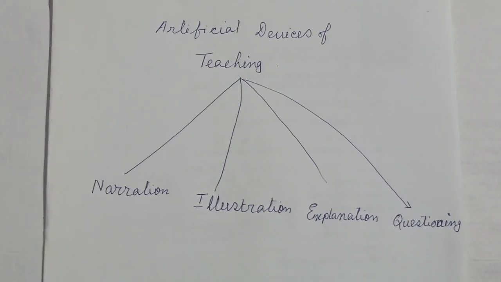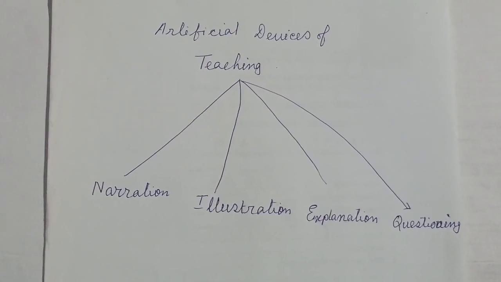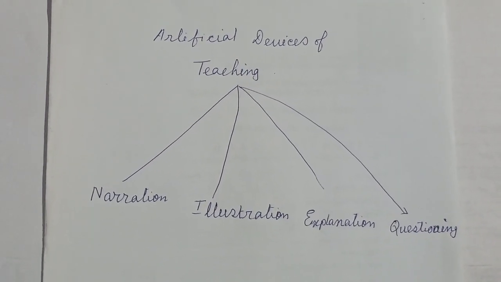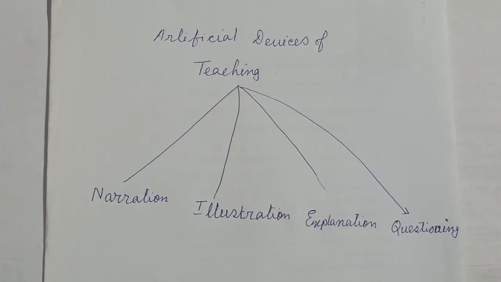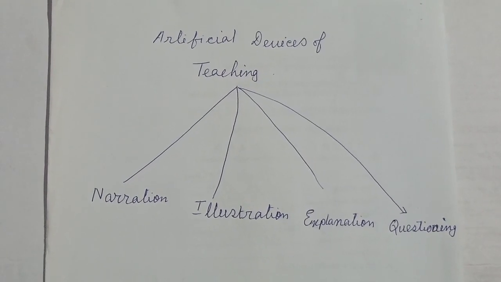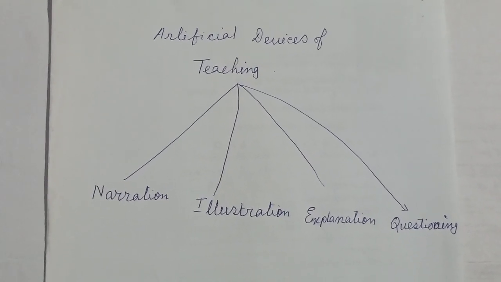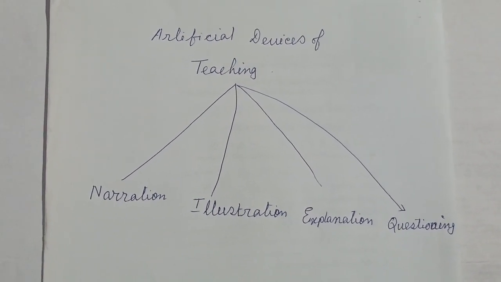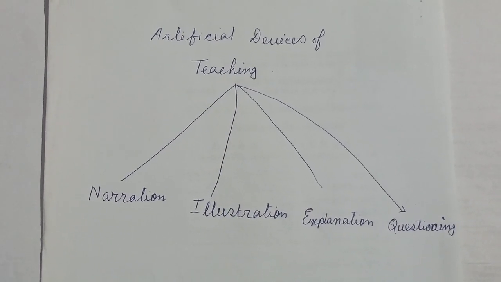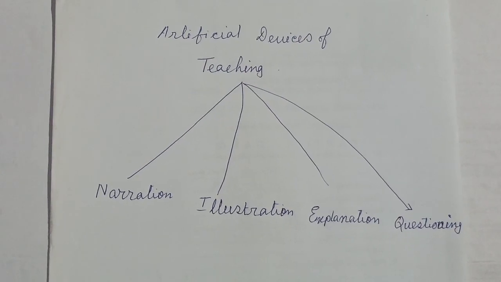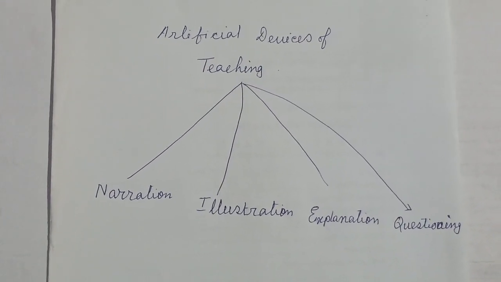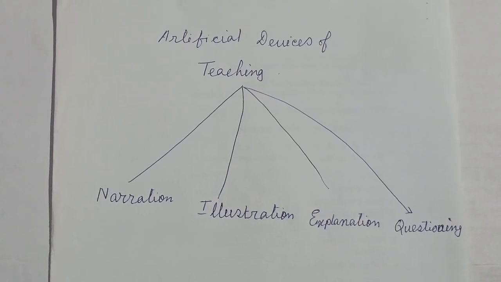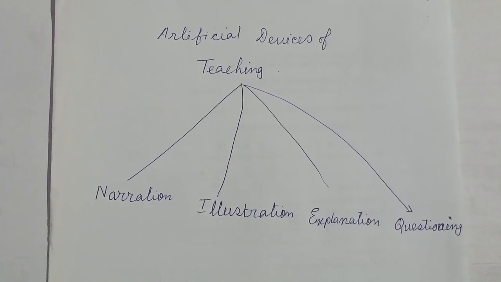Actually, narration is simply oral discussion. When we explain any concept orally without the help of any other means, then it is called narration. Oral discussion is narration, but illustration is also a kind of narration.